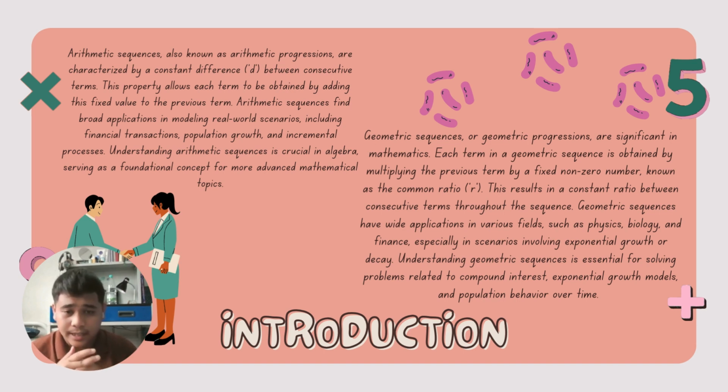To calculate it, we can use a geometric progression with the common ratio r, and we get a constant ratio between the consecutive terms. That's the introduction for arithmetic and geometric progression.